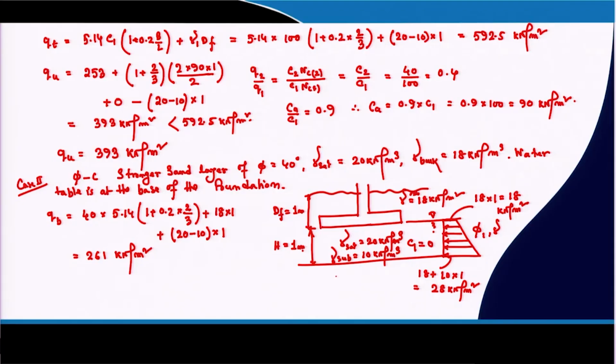And here the second layer, your phi 2 value is equal to 0. It is C2 and the gamma 2, here also gamma 1. So, Ca will not be required, but only the Ks will be required. That I will discuss, and then in the next class we will go to a few more cases, because I have discussed 4 cases.